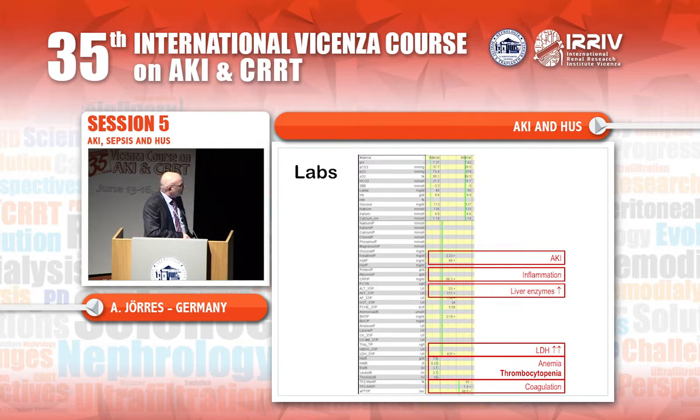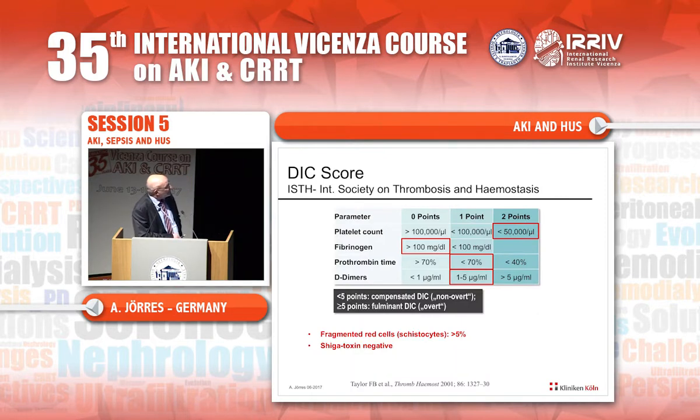Coagulation parameters were also changed with a PTT that was prolonged. What we do in such cases, when we suspect sepsis, is a DIC score. You will be familiar with this: platelet count, fibrinogen, prothrombin, D-dimers.